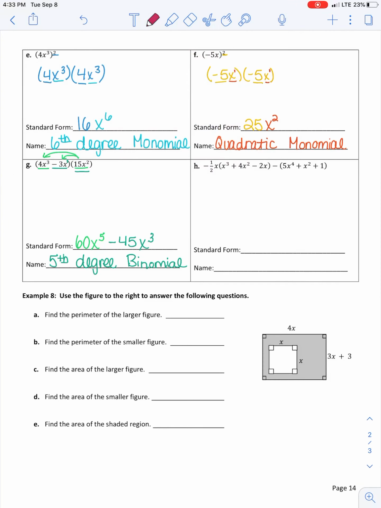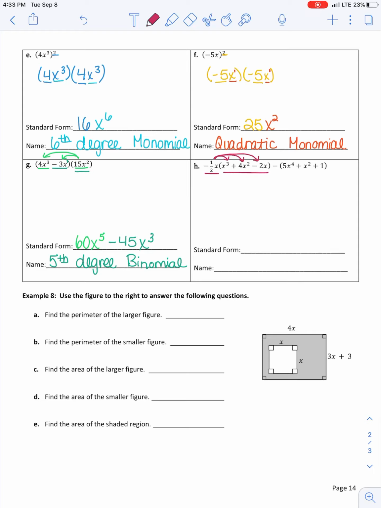Okay, let's look at H. With this one, we have to do quite a bit of distributing, so we're actually using everything that we've learned so far. We have this negative 1/2 x in front of this set of parentheses, so we're going to multiply that negative 1/2 x by everything in my parentheses.